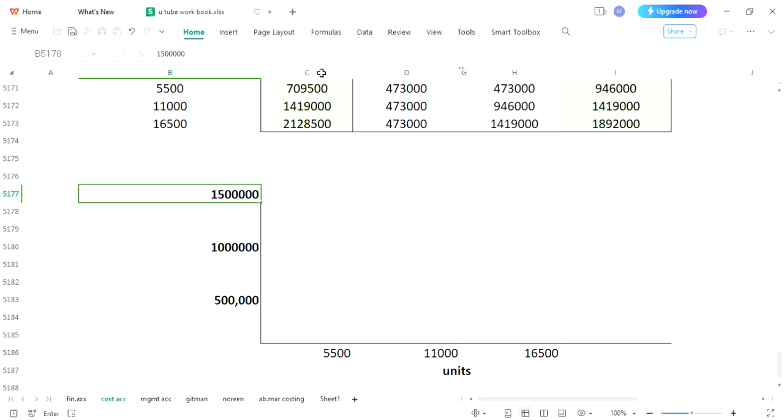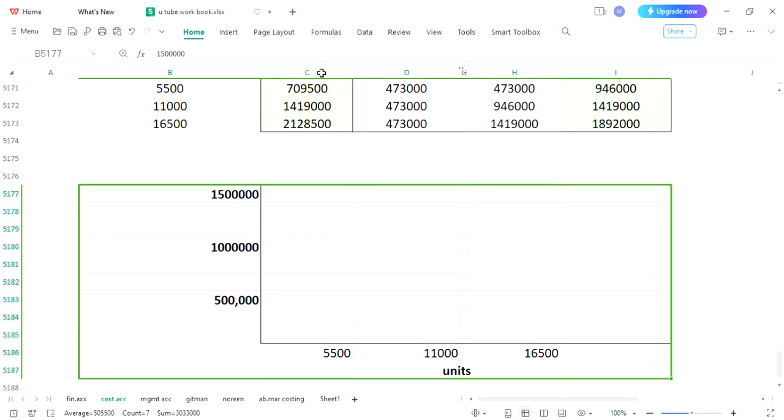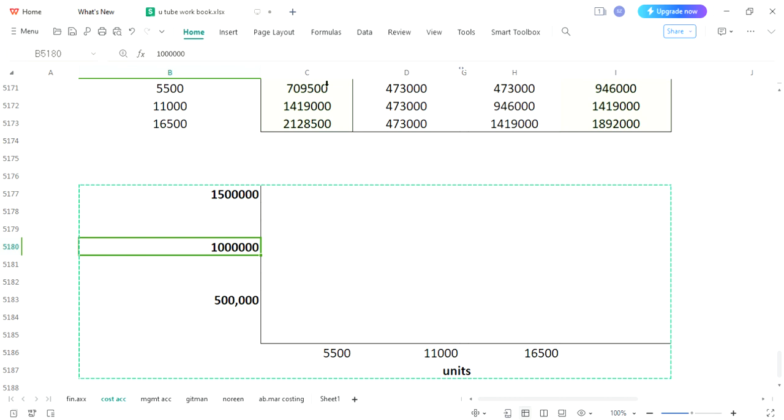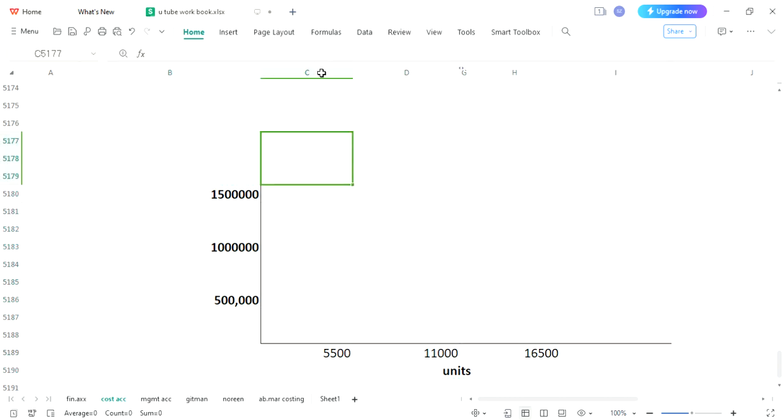Okay, we need more points for that, more space is needed. Let's take this graph a little down, and the Y-axis will be extended as our need has increased.